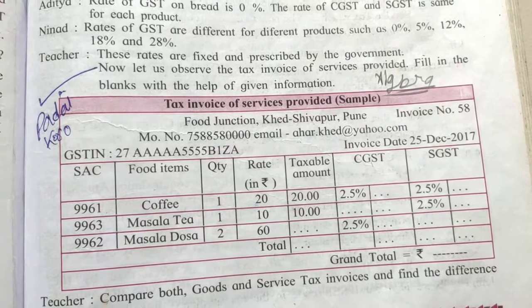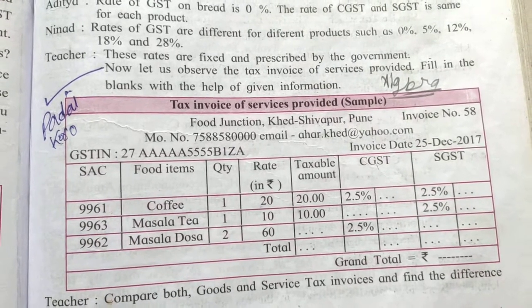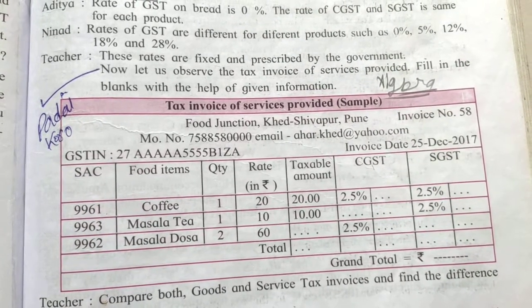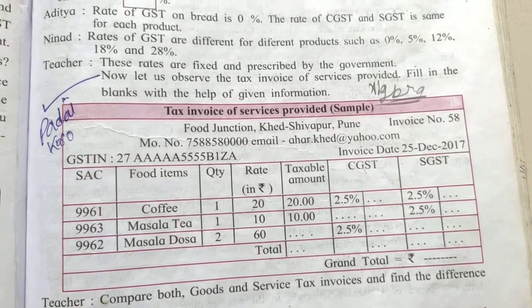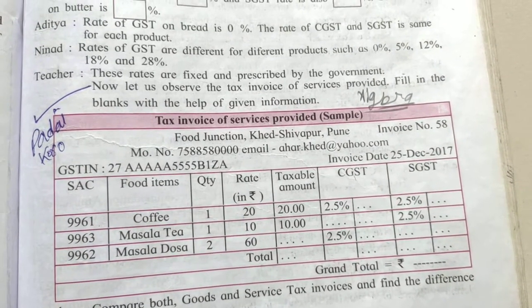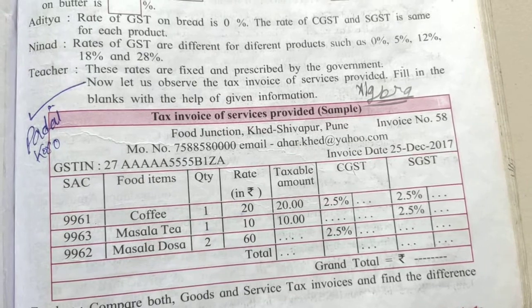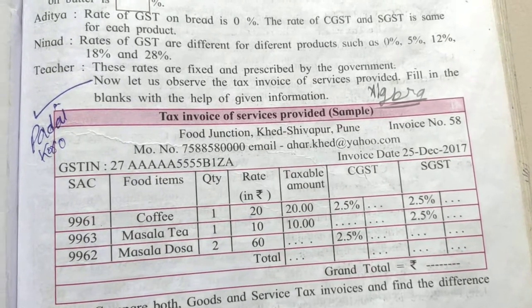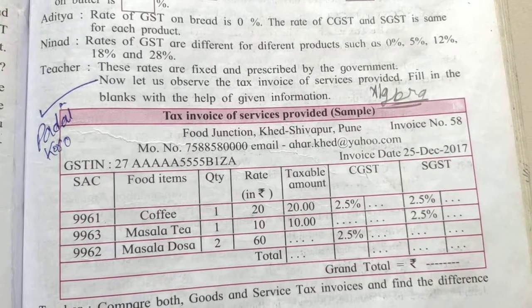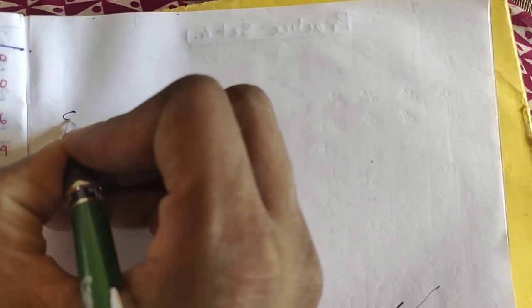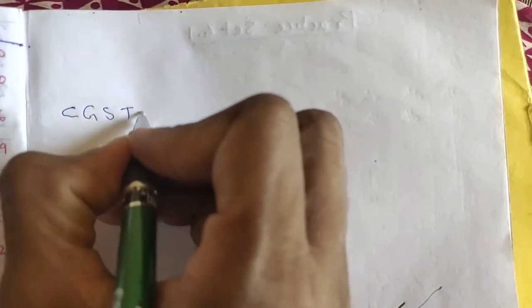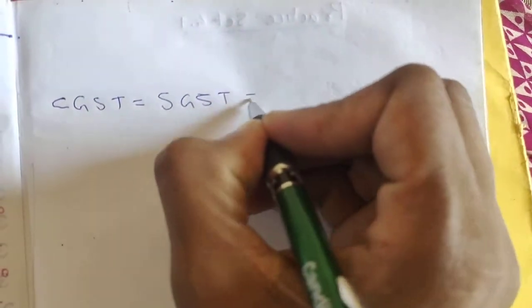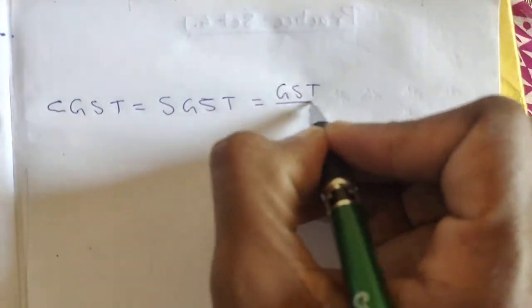So already you know GST. Now CGST and SGST are always equal, and they are half of GST. Our formula will be CGST is equal to SGST is equal to GST upon 2. So what formula did I tell? CGST is equal to SGST is equal to GST upon 2.